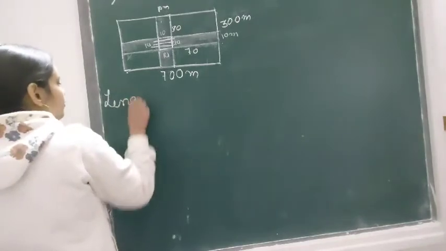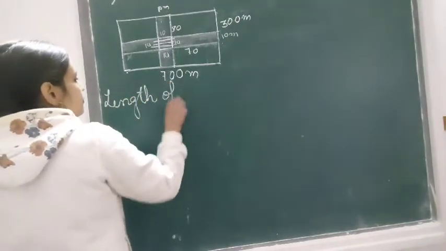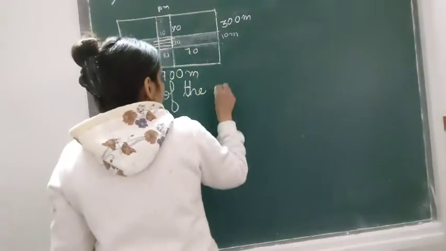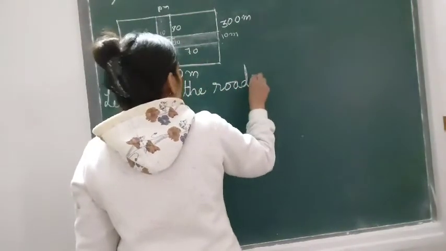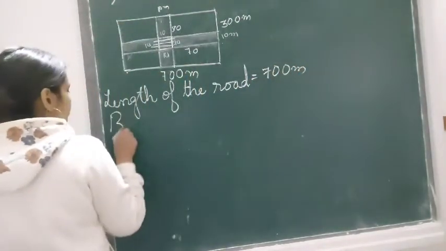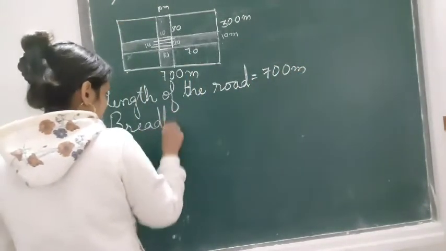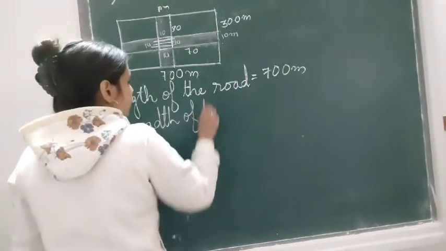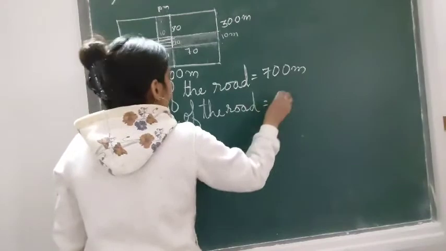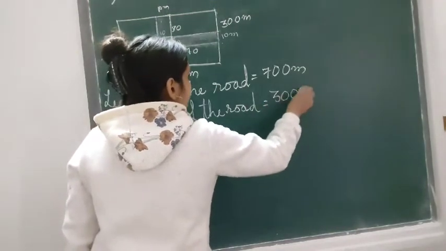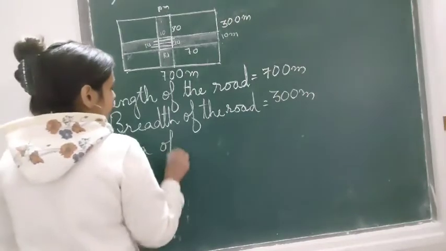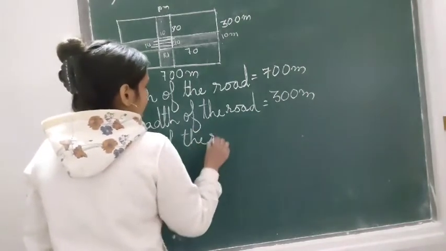Length of the road. First we find the area of the road. Breadth of the road. Area of the road.